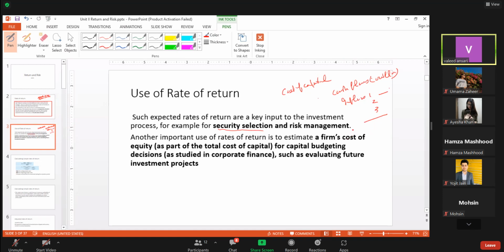Now, the question of what discounting factor or cost of capital should be used can also be obtained through rate of return. Another important thing is that future performance evaluation also has roots in cost of capital. So it has a variety of applications, not only selection of securities, but performance evaluation and cost of capital.